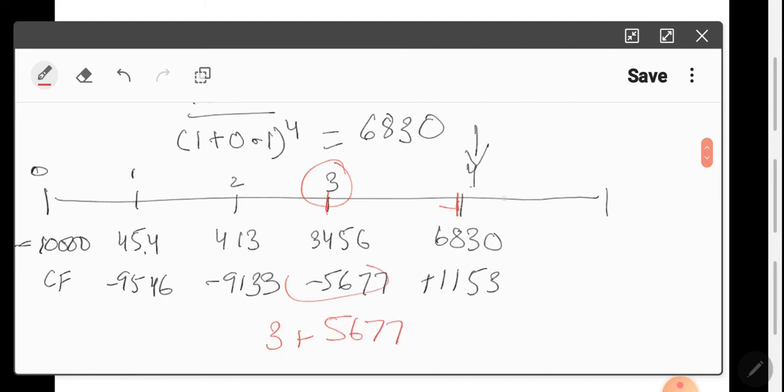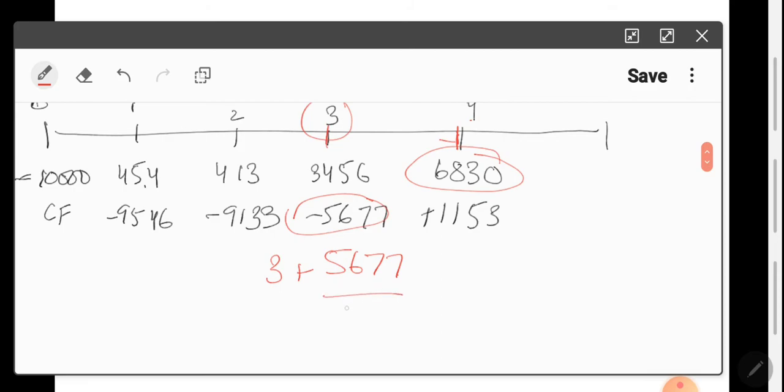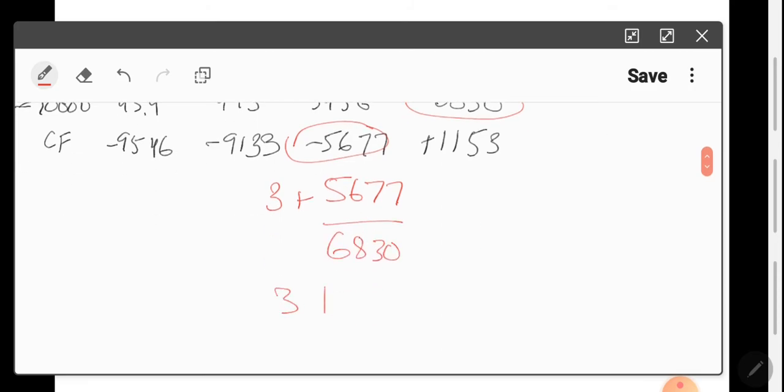And divided by the cash flow during the full recovery year, which is 6830. So if you solve this will become 0.83. So this is 3.83 years.